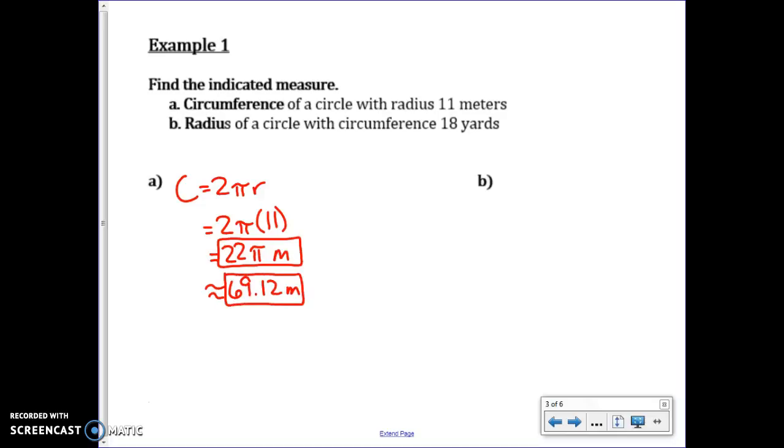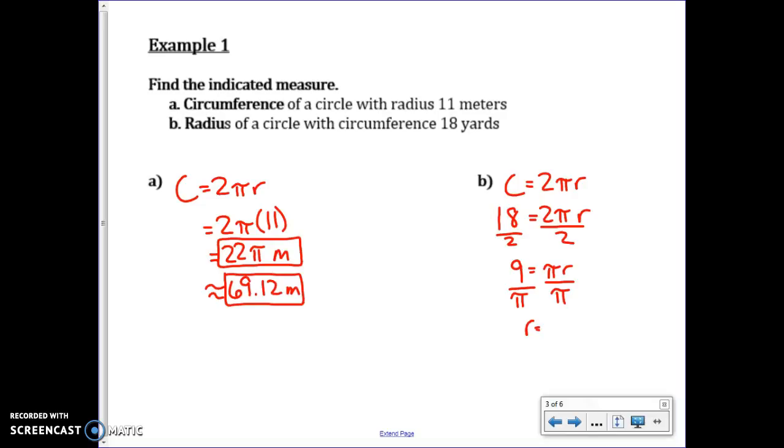All right, we want to know the radius of a circle if we have the circumference. So again, since I'm dealing with radius, I'm going to use 2 pi r. I know the circumference is 18. I set that equal to 2 pi r, and I'm solving for r. I divide by 2, and I get 9 equals pi r, and then I divide by pi.